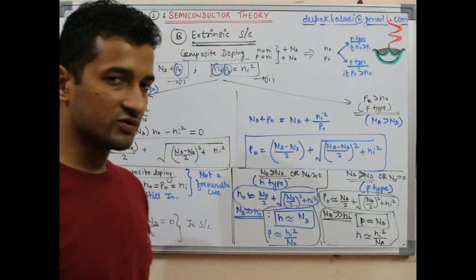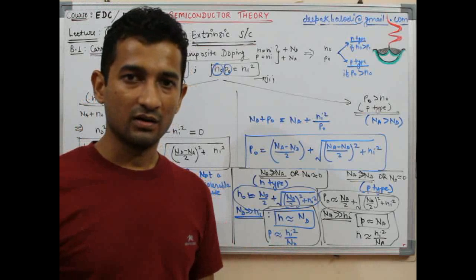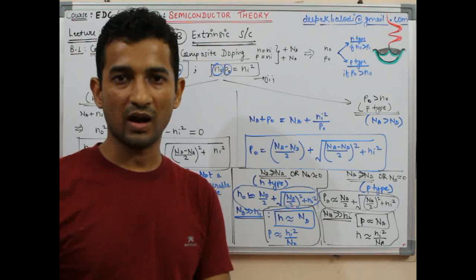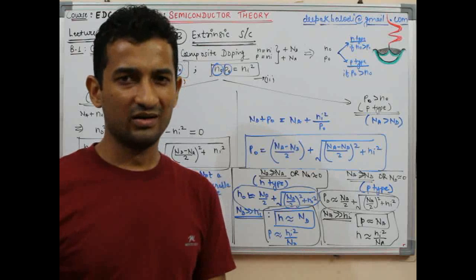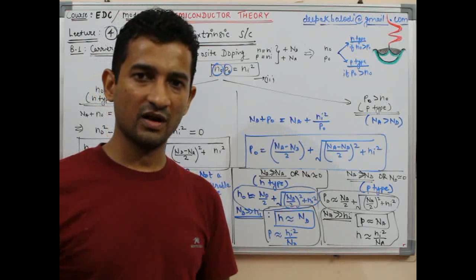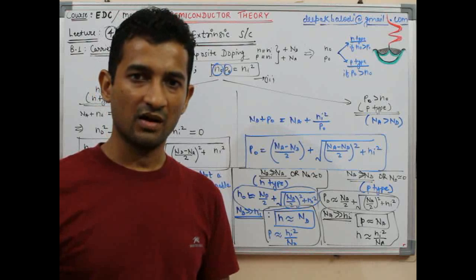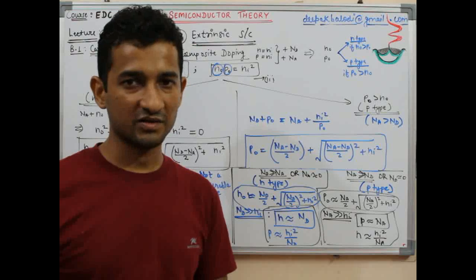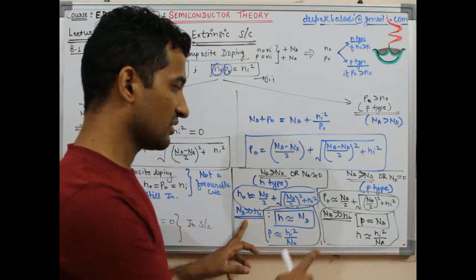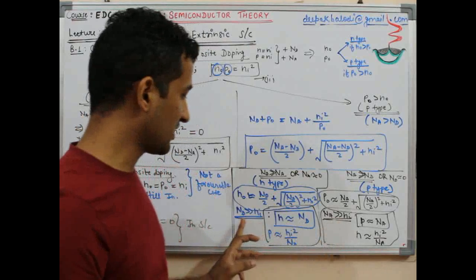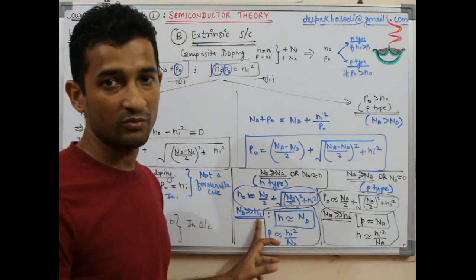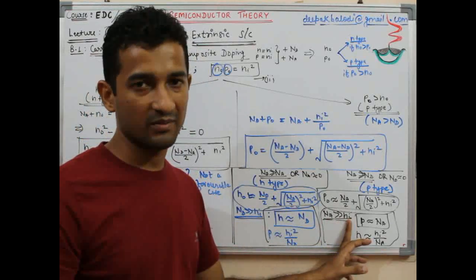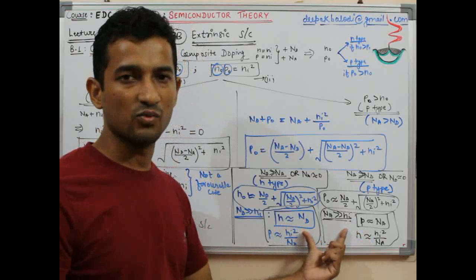So it is not like we do everything and at the end we come to know that the final electron or hole concentration is so bad that it is comparable to Ni. It doesn't happen. Whenever we are trying to make an extrinsic semiconductor, we are well determined that we will make it a good extrinsic semiconductor. So it is a very optimistic case that every time Nd will be greater than Ni if we are going to make N-type, or Na will be greater than Ni if we are going to make P-type. So that will be the case most of the time.